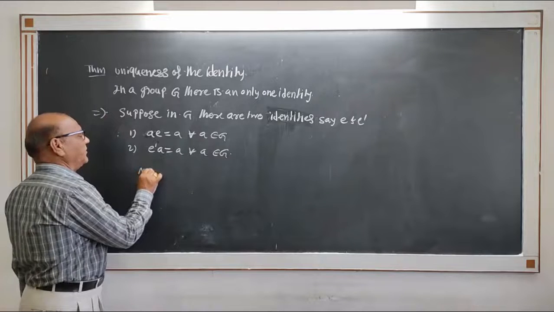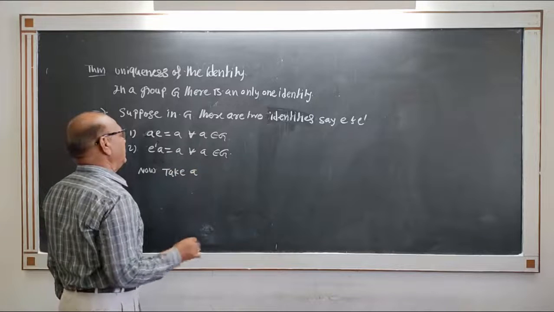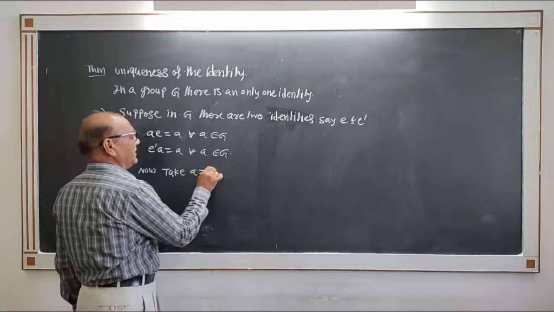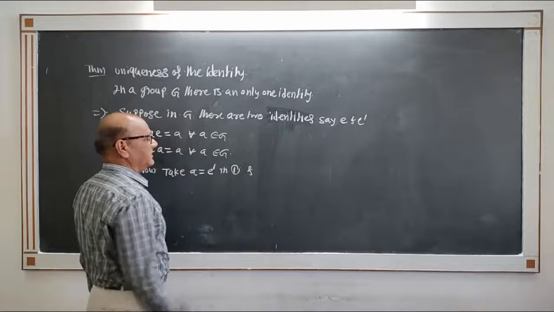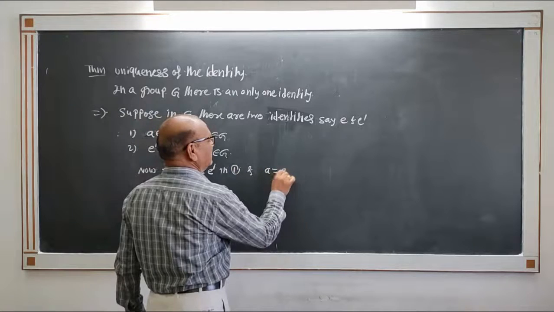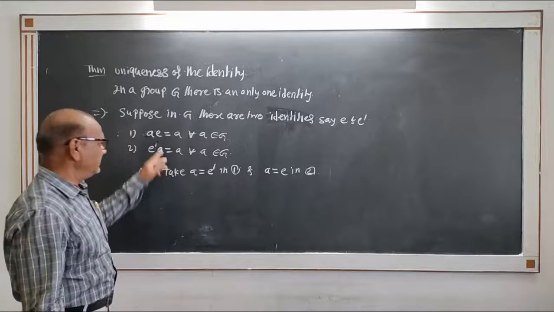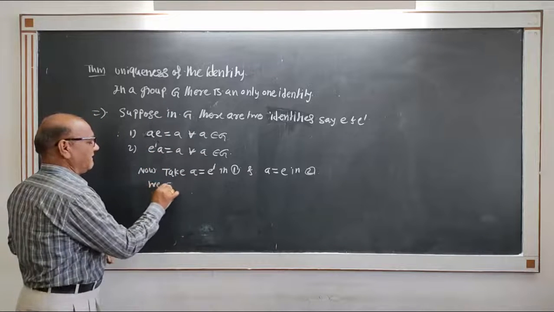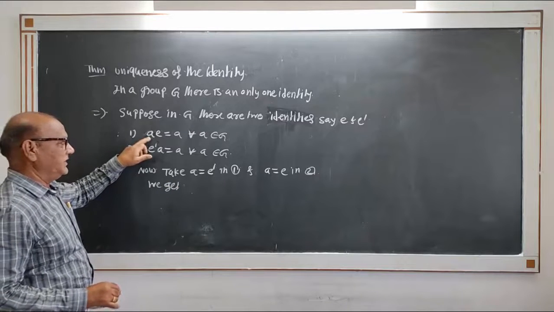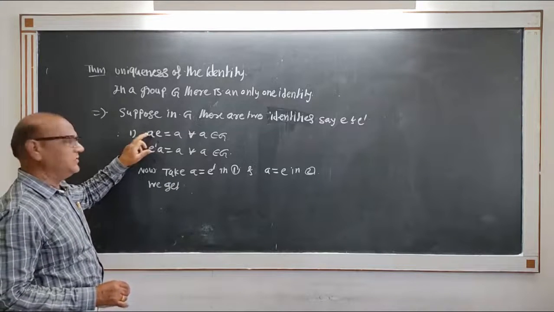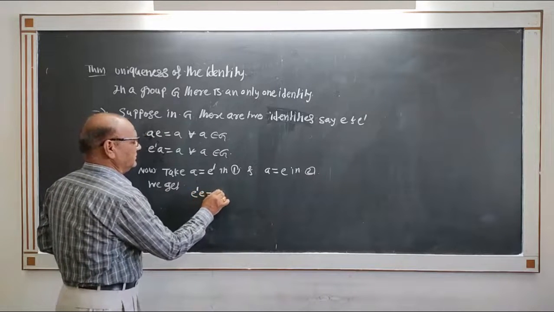Now, take A is equal to E dash in the first relation, and A is equal to E in the second. In the first, putting A is equal to E dash, we get E dash E is equal to E dash.